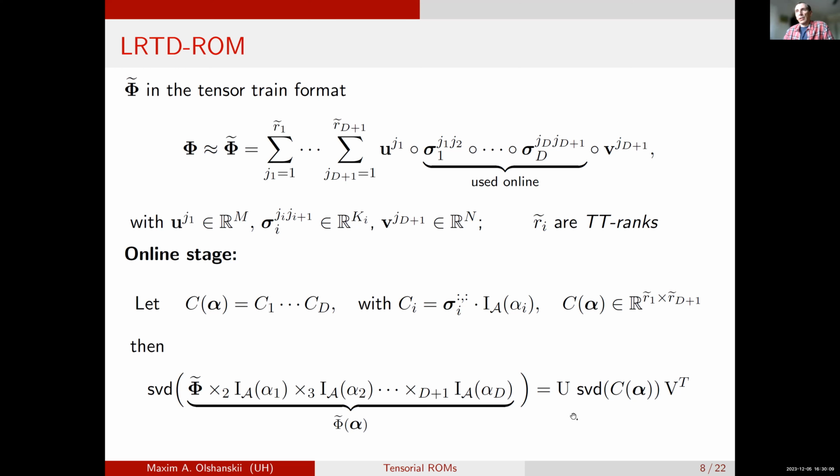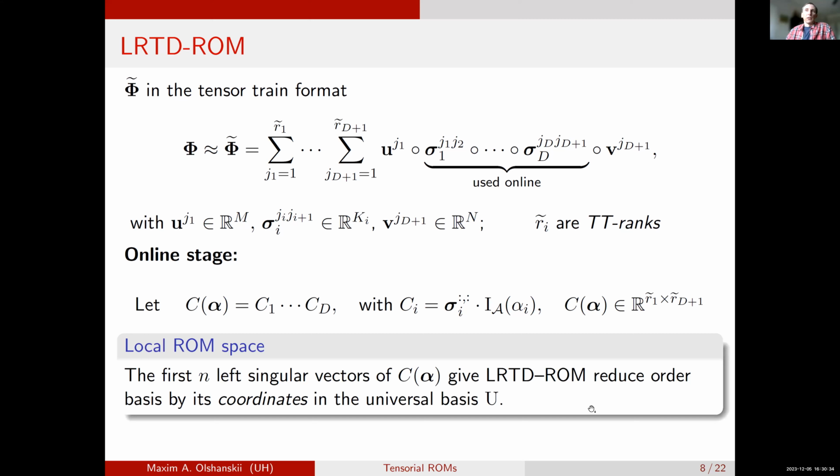In other words, by finding singular vectors of C, we find coordinates of our final small reduced order space in this universal reduced order space U. So this is the definition of our local reduced order model space.